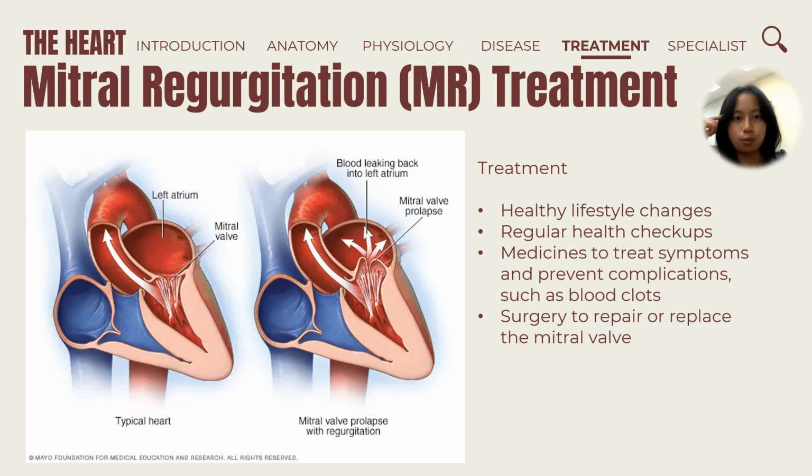The types of medicines that may be used for mitral valve regurgitation include water pills, also called diuretics. This medicine reduces or prevents fluid buildup in the lungs and other parts of the body. Other examples of medicines are blood thinners, also called anticoagulants.